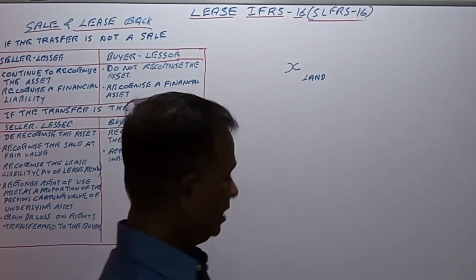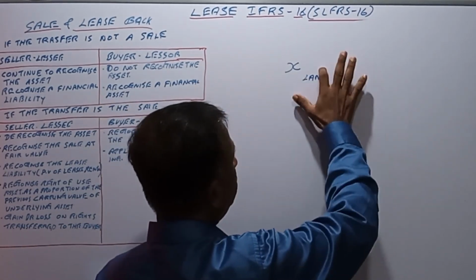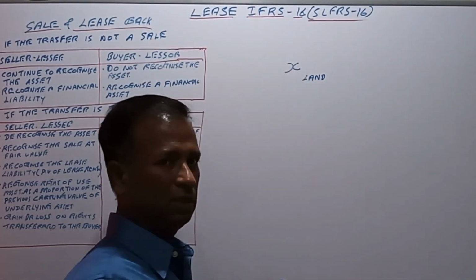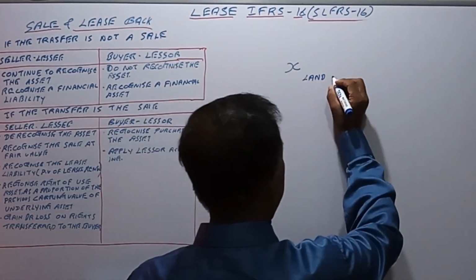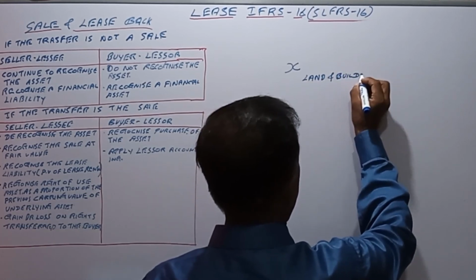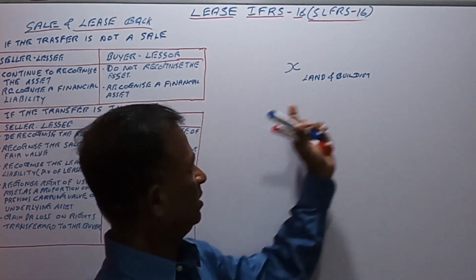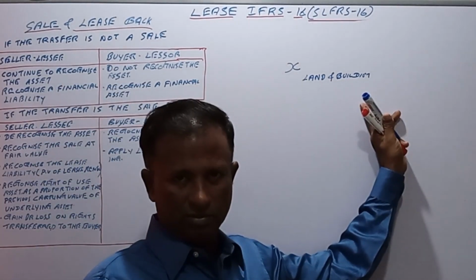He wanted to sell and lease out, because he wants the land and building. If he sells this land and building, he cannot run his business.